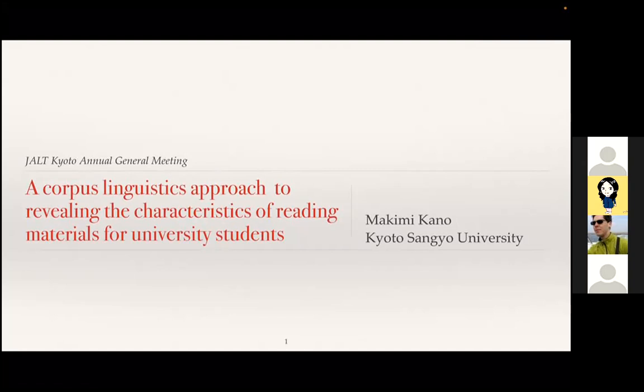So university students deal with various types of English reading materials throughout their university years. It starts already even before they enter the university with the entrance exam, when they usually have to take an English test with reading passages. No matter what faculty they're applying for, they have to take an English test at least.